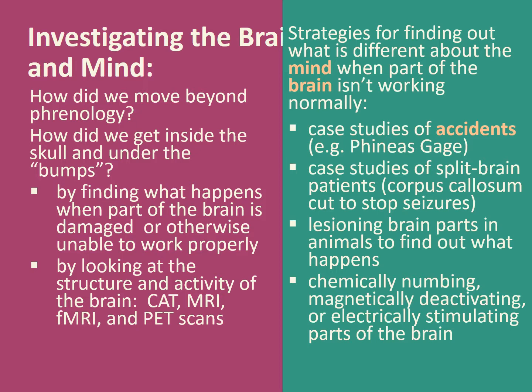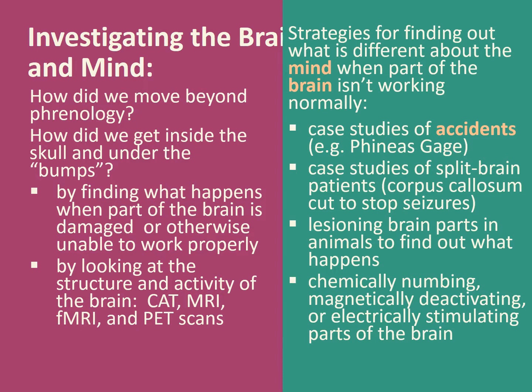And finally, we can also use certain tools to chemically numb the brain or magnetically deactivate parts of the brain. This is called transcranial magnetic stimulation. It's a device you hold to the head, and it interferes with the electrochemical and magnetic properties of the brain. It basically deactivates part of the brain for a short period of time, for a couple of seconds.